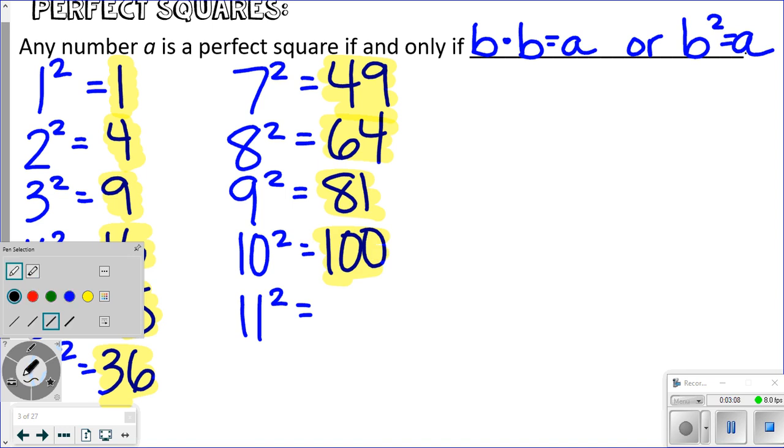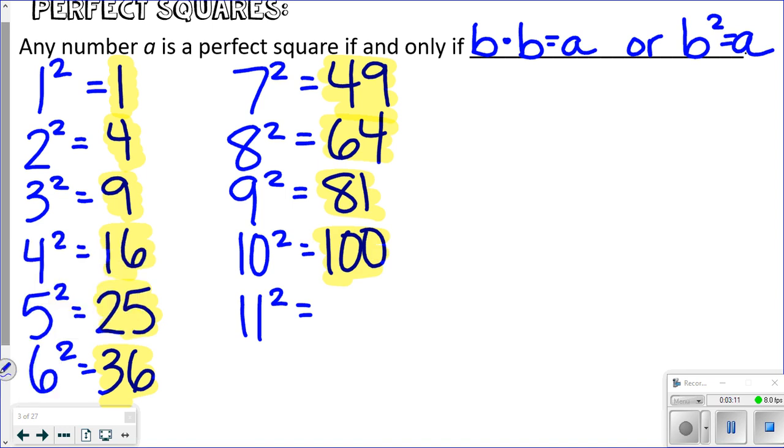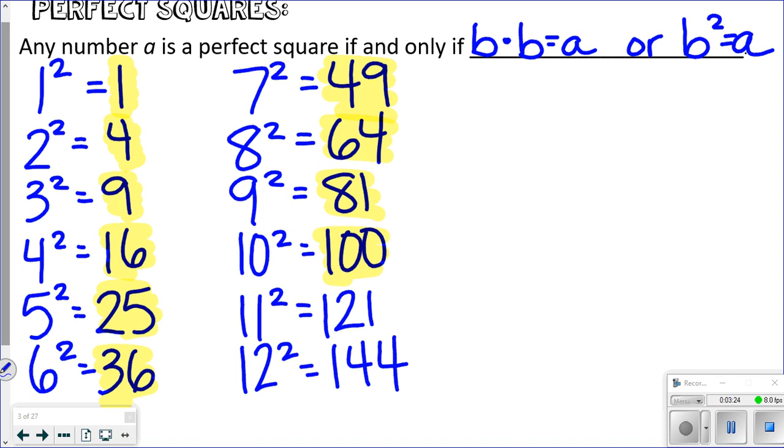And what about, what's 11 squared? 121. What is 12 squared? 144. Let's go to 15. So 13 squared.